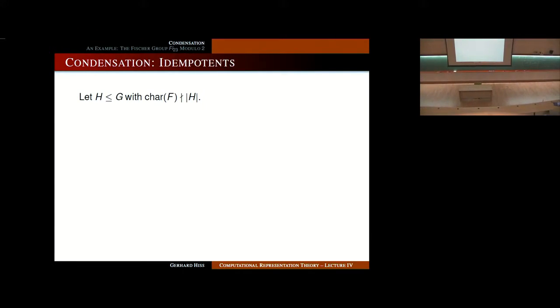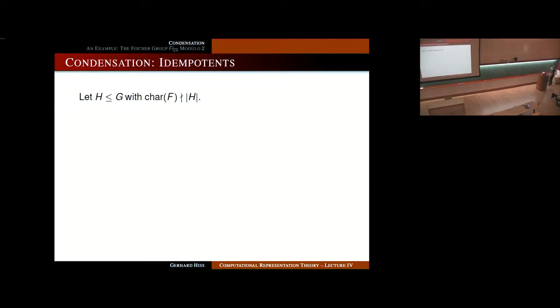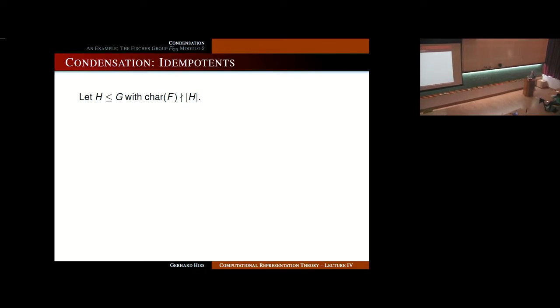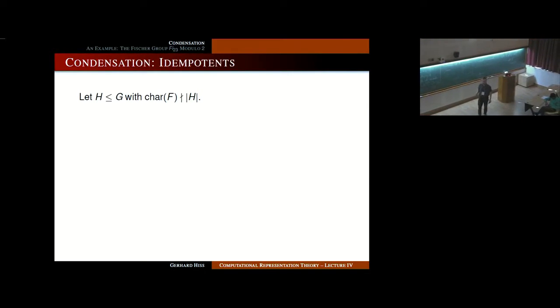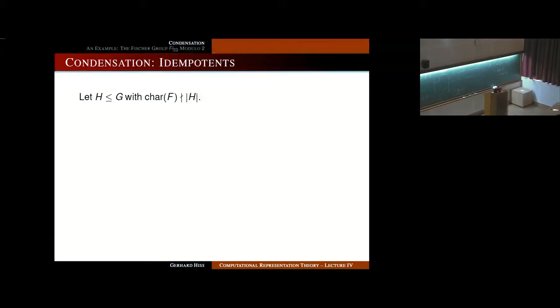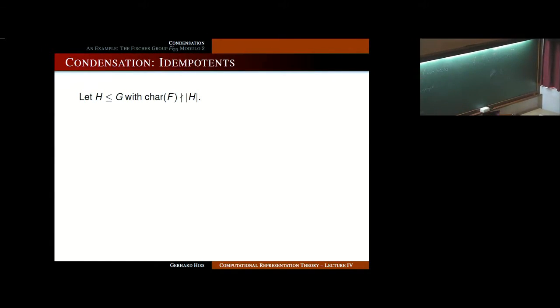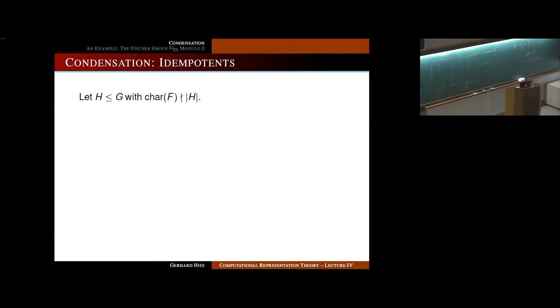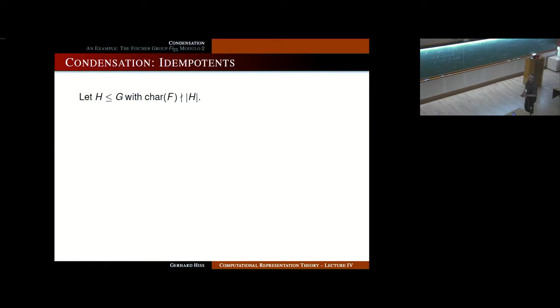And indecomposable, which means that you cannot write it as a direct sum of two smaller modules. These are the principal indecomposable modules, and these are projective in the sense of homological algebra. And every projective in the sense of homological algebra is a sum of these. Okay? This is because the algebra is finite dimensional, a very nice situation.